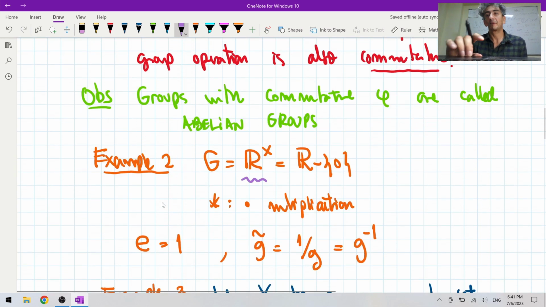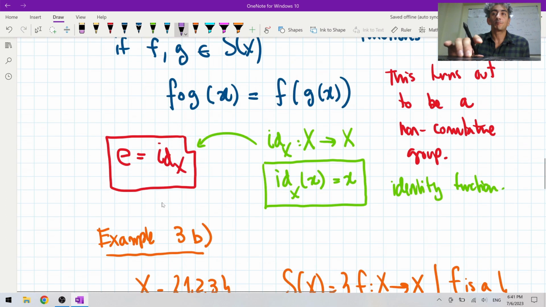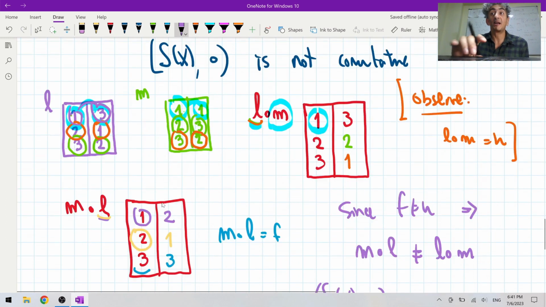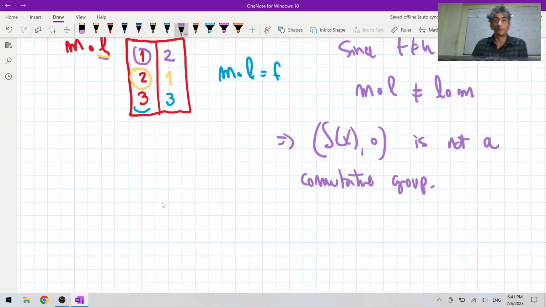Okay, so this set is called the set of transformations of X. Observation, this is very important.